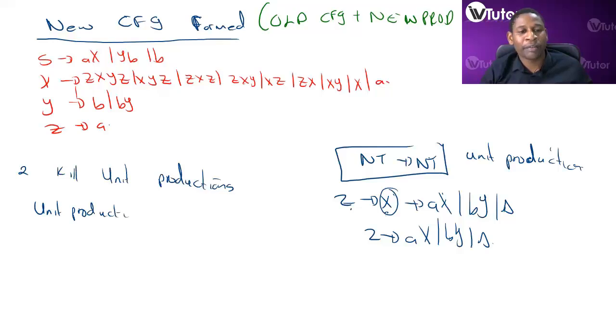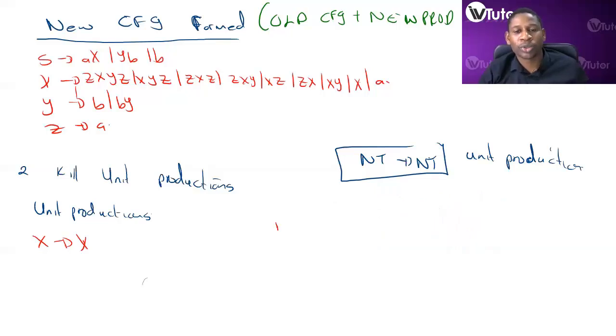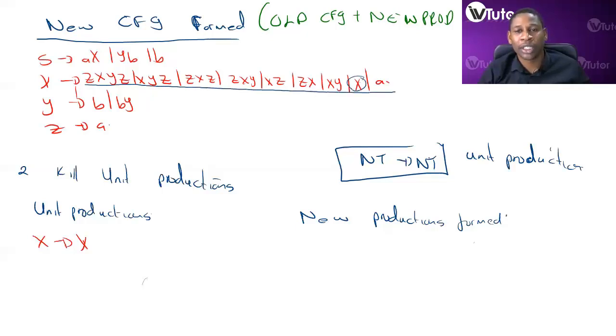We've got only one in this case, which is X goes to X. Let's be consistent: X goes to X. Now for the new CFG formed, the new productions formed here, we won't have any, because we take everything with the exception of X itself.